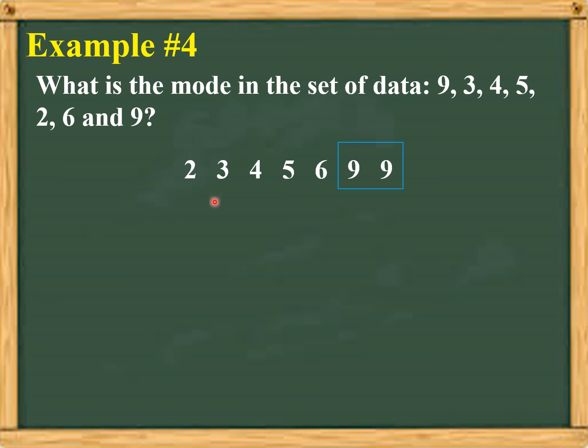As you can see in example number 4, 2, 3, 4, 5, and 6 appeared only once, or their frequency is just 1, while 9 was repeated twice. Since 9 has the highest frequency, our mode here is 9. So again, when it comes to mode, it is the highest frequency.